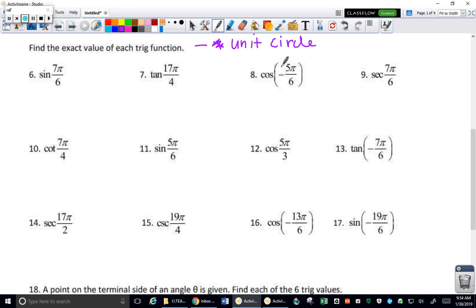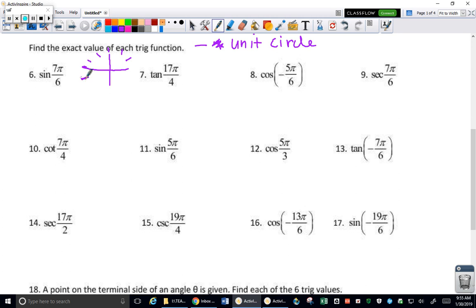There's really only 5 you need to memorize. If we're trying to find the exact trig value, we're not using a calculator, we're using our brains. So 7 pi over 6 on our unit circle is a third quadrant angle. Pi over 6 is 30 degrees, so we go 1, 2, 3, 4, 5, 6 thirty-degree steps, which gets us to 180.